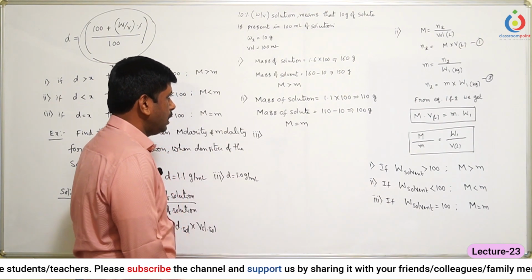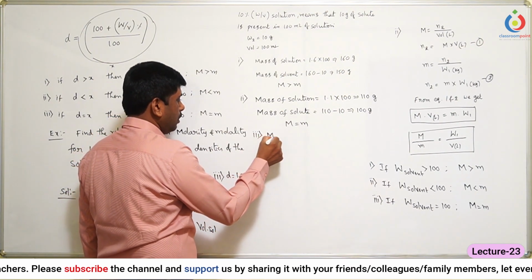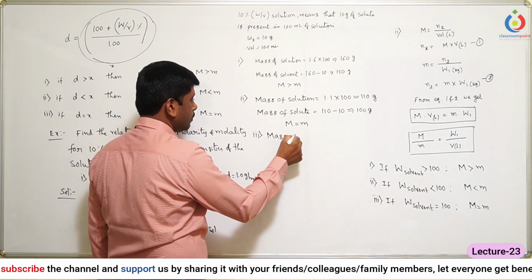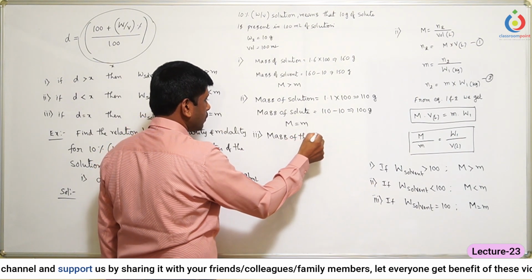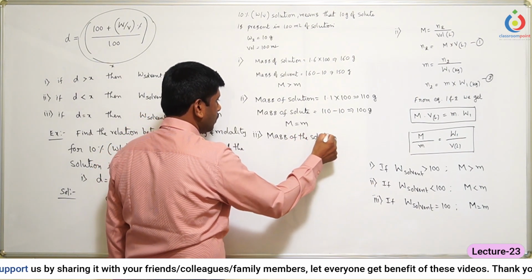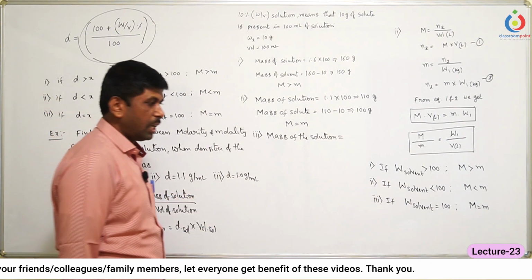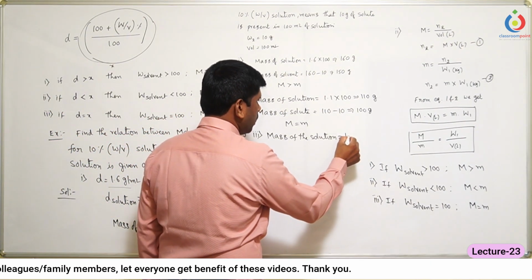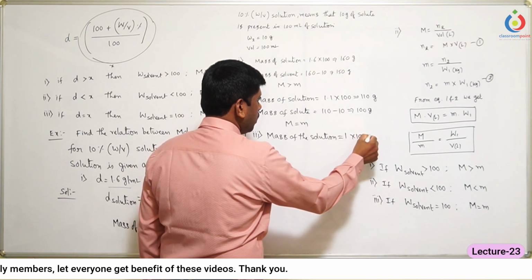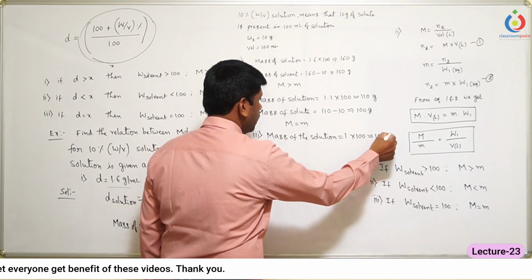Let us take the third condition, where mass of the solution is equal to, density is given as 1.0 grams per ml. So 1 into 100, the total value equals 100 grams.